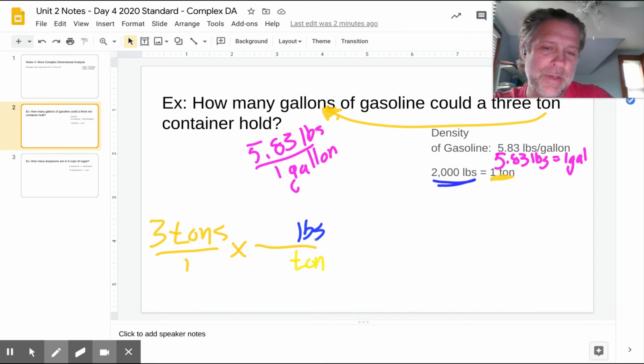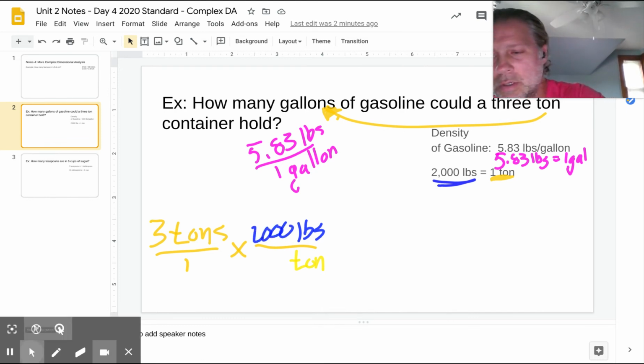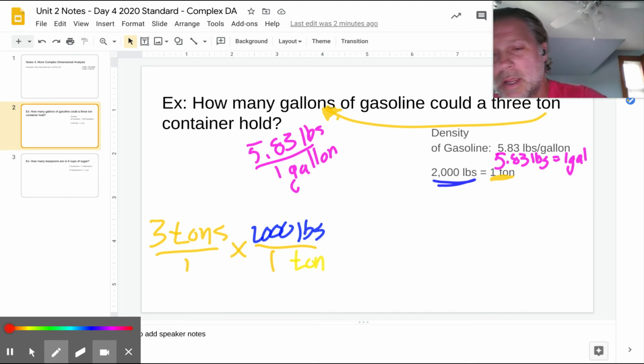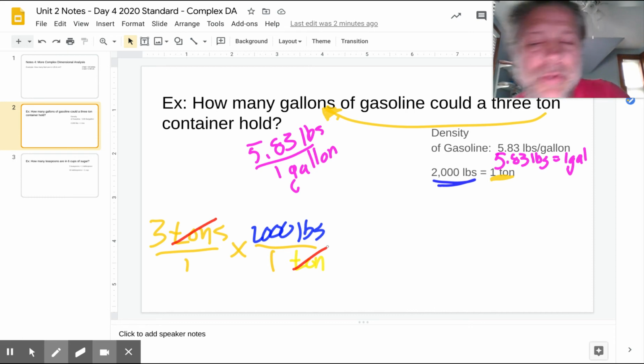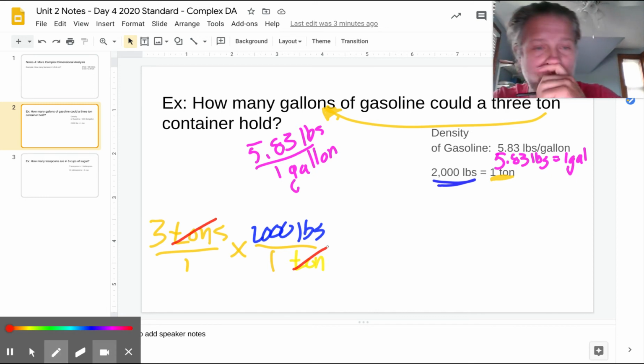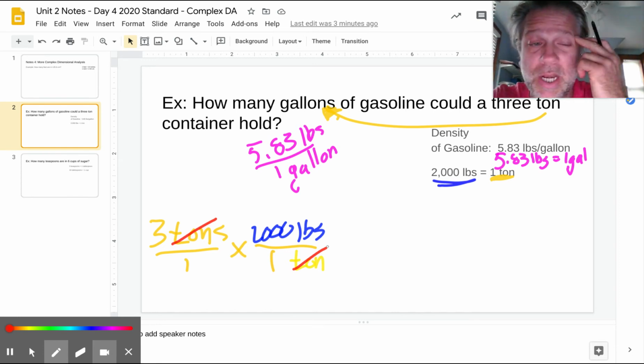And then I'm just going to fill in my values. So 2,000 pounds is equal to 1 ton. If I stop here and cancel out the units I can, I would be left with just pounds. So if we take 3 times 2,000, that should be roughly 6,000 pounds. However, that doesn't actually solve the problem. So now I'm going to use my density of gasoline relationship, which says 1 gallon is equal to 5.83 pounds.